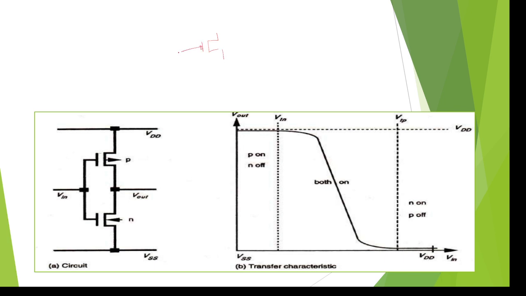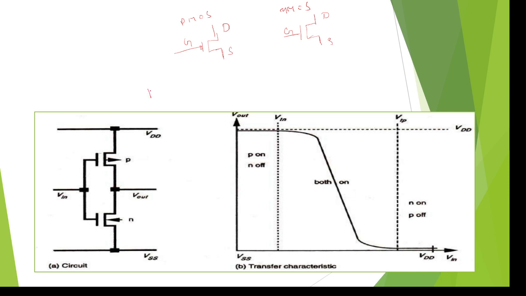You can see the PMOS source, gate and drain. And this is the NMOS transistor symbol, as we have discussed already in the NMOS inverter. It also has source, gate, drain terminals. So this is a PMOS and this is an NMOS transistor.